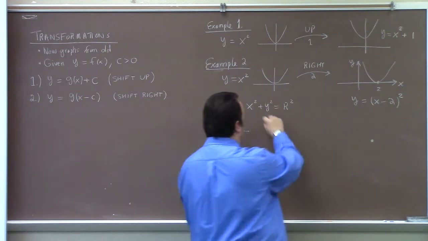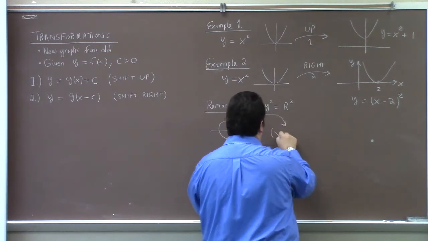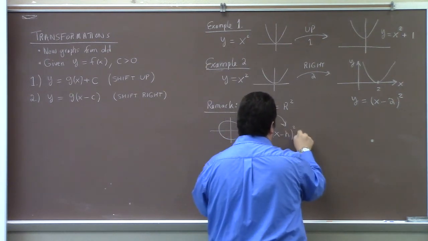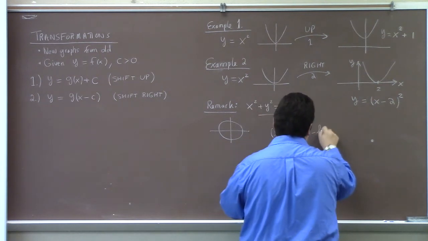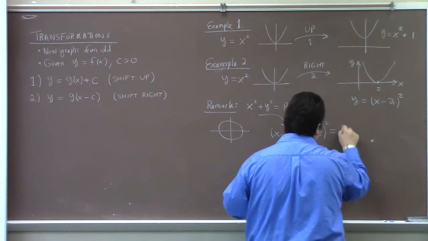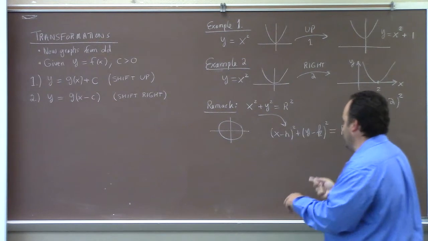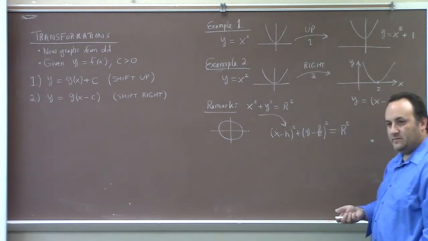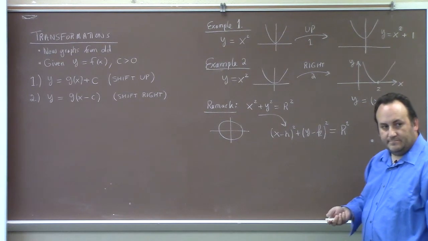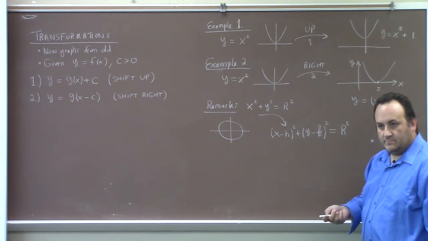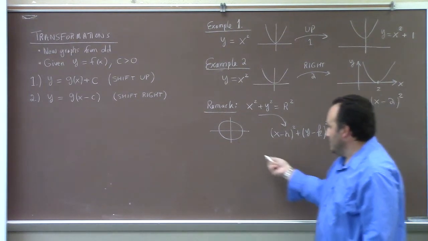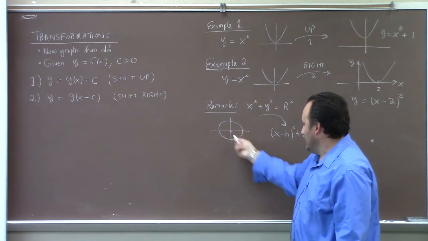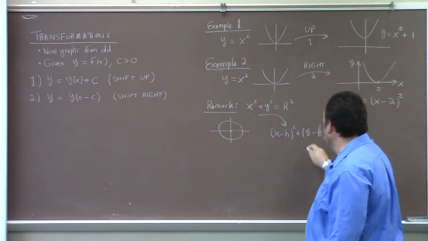Versus what? (x minus h) squared plus (y minus k) squared equals r squared. See, if we shift both of these like that, what does it do? It moves the circle where? From the origin to the center h comma k.